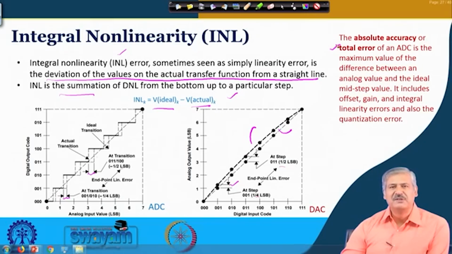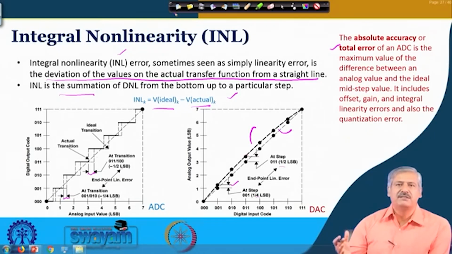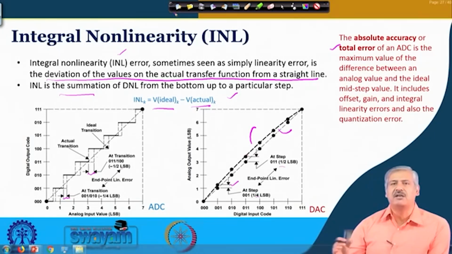These are important performance metrics or issues that we need to take note of when we talk about ADC and DAC, other than how many bits it requires and the time it requires for conversion. These are also issues by which one has to pick one from the other.